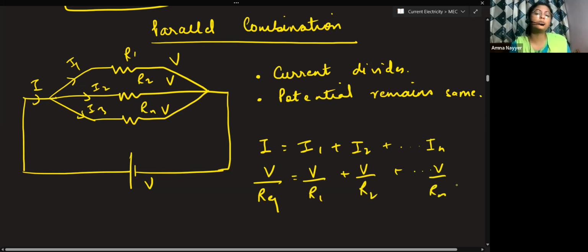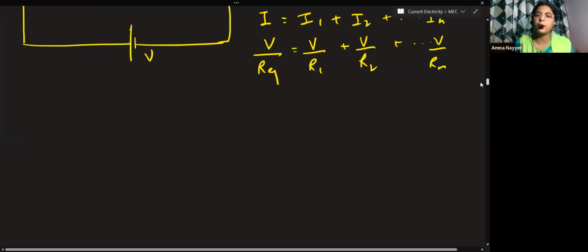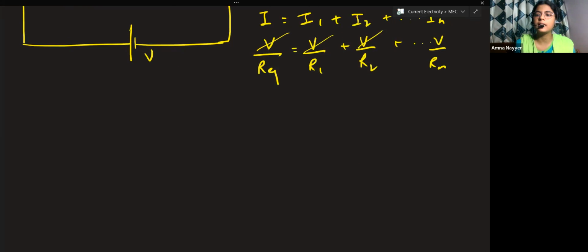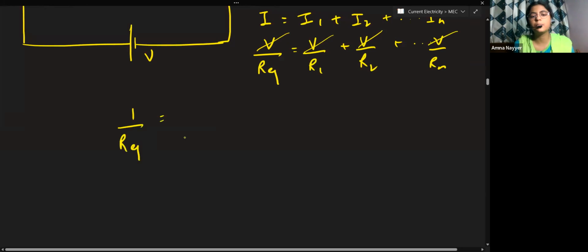So this is similar to series combination of capacitors, where we had 1 by C equivalent. So all the potentials get cancelled. 1 by R equivalent is the reciprocal sum of all the individual resistors, up till 1 by Rn.